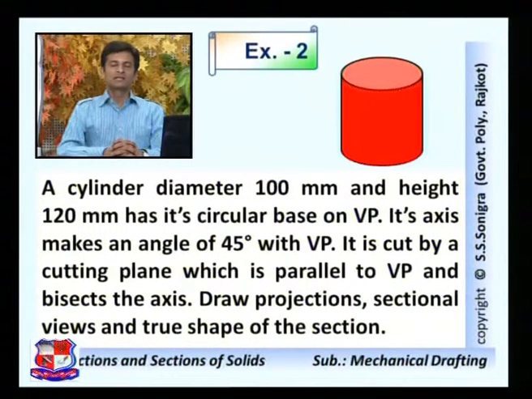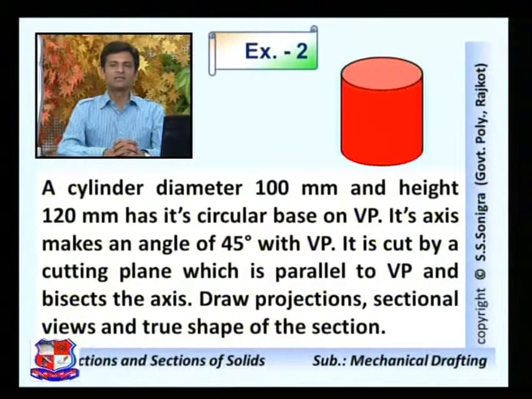Here a cylinder is given, and this example is a little bit different from the previous examples. In the previous examples, it was given that the solid is resting on its base on the horizontal plane. But here the example data is something different. Here it is given that it is resting on the vertical plane, not HP.